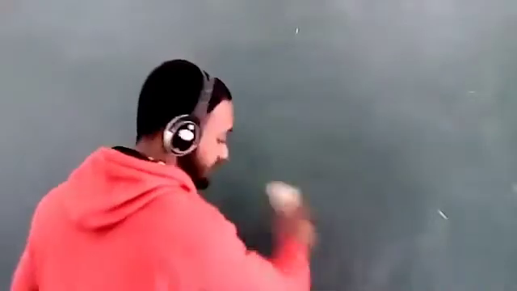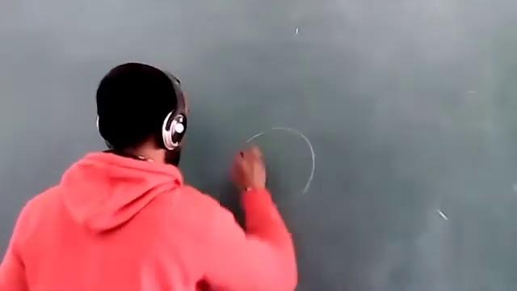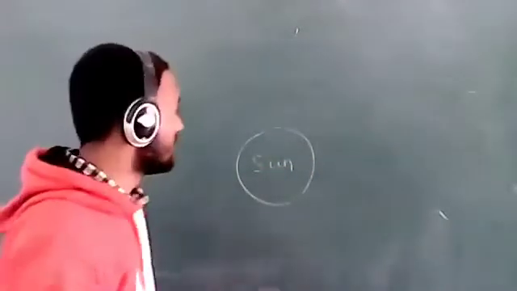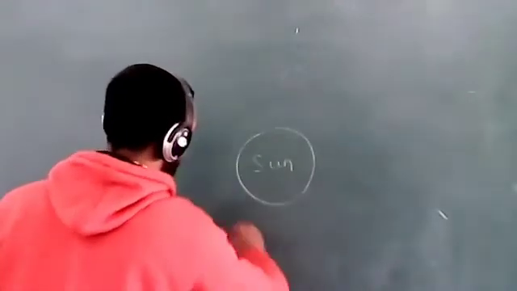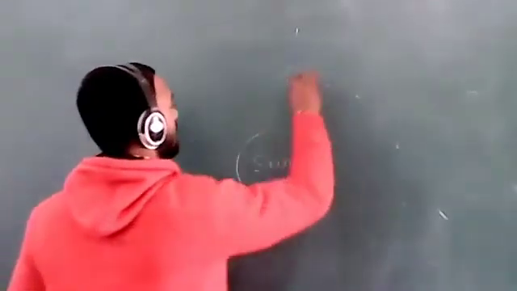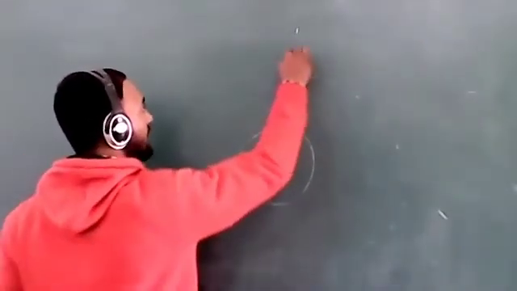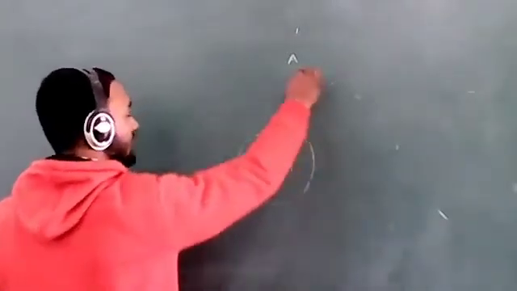Suppose this is sun and this is Earth. So to complete one revolution, the Earth started its revolution from this point, point A, and it completes one revolution.